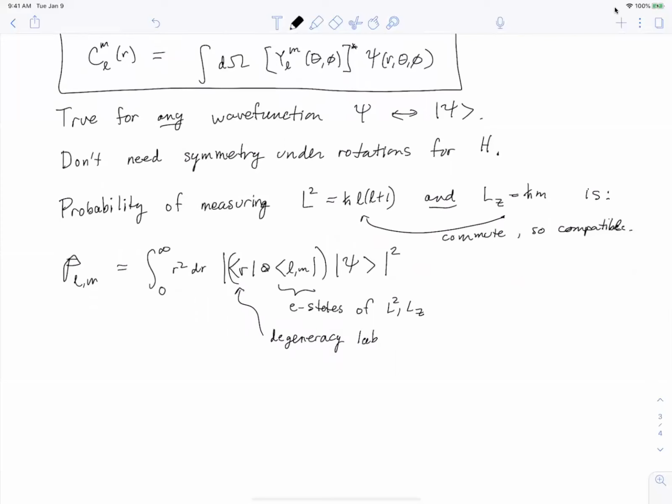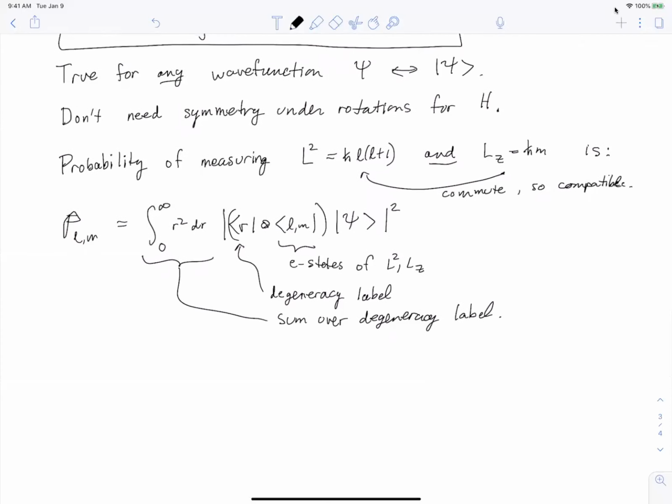And remember, when you do this, the postulates of quantum mechanics tell you you're supposed to sum over the degeneracy labels after you square. So this is my sum over degeneracy labels. And when we wrote the postulates of quantum mechanics, we called them rho, but that was just a generic label, and now we're being specific and we're calling it R.